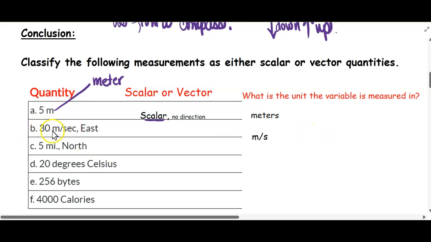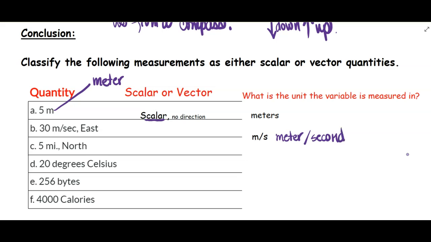So the B says 30 meters per second east. So the unit is meters per second. This is the common way to express it. Meter per second. All right. So they expressed it meter per second, maybe because it's unfamiliar to you. So it has a number and it has a unit, meters per second.